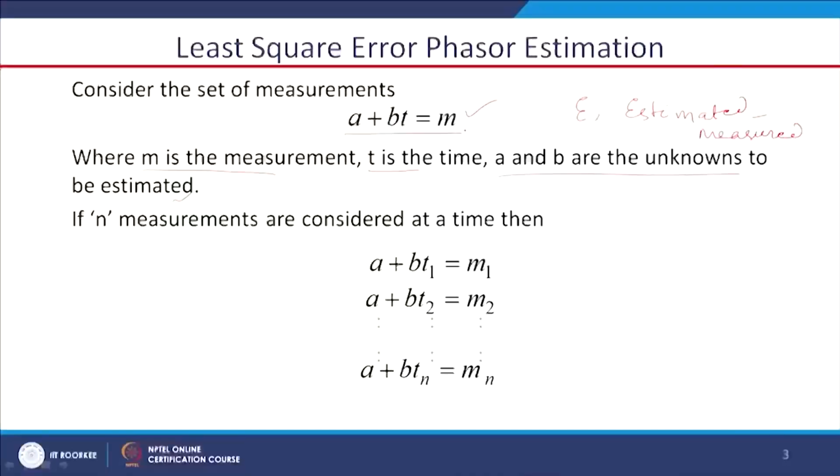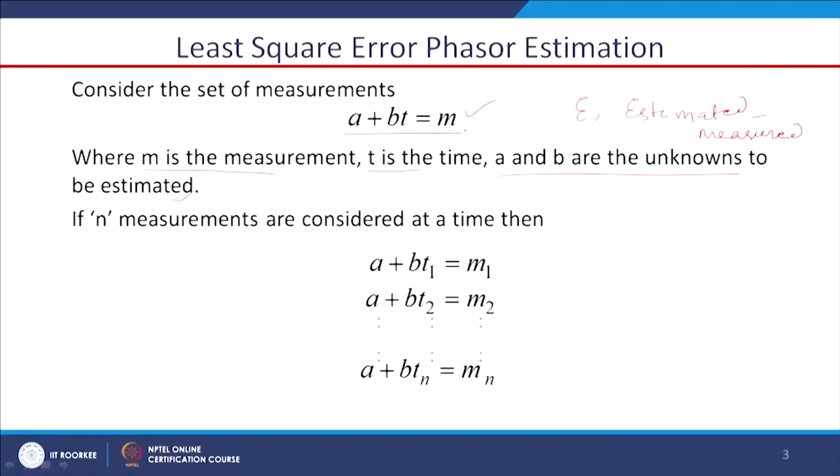So, in this phasor estimation based technique, we are trying to minimize this error. By minimizing this error, we will be able to find the unknown variables. That is the main goal of this technique. So, coming to the mathematical formulation of this phasor estimation technique, we have already defined one equation here.